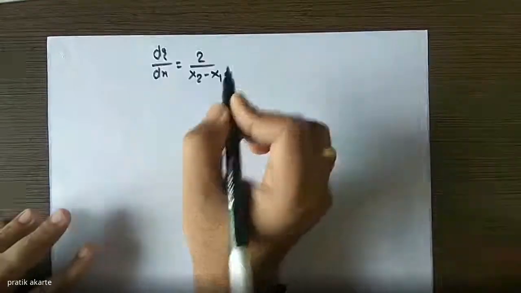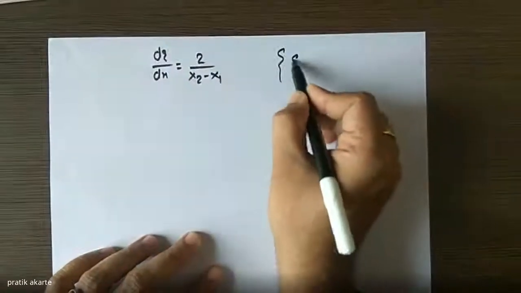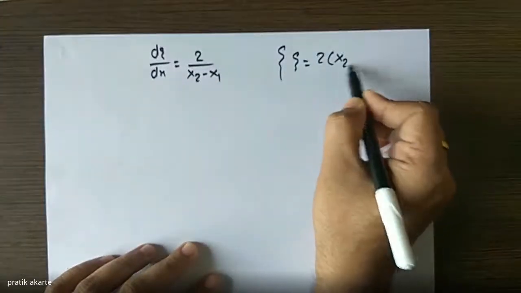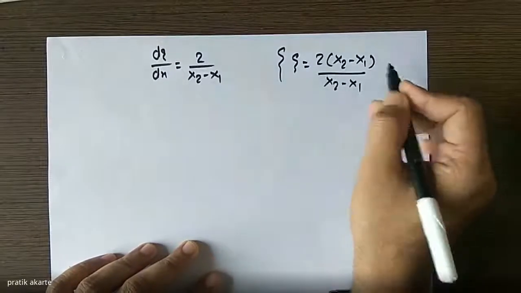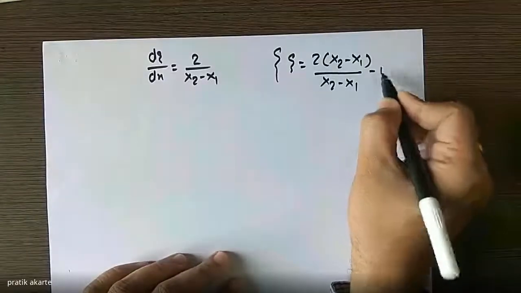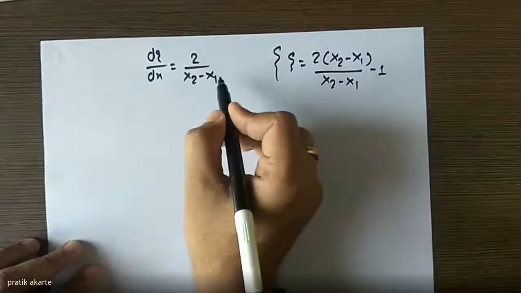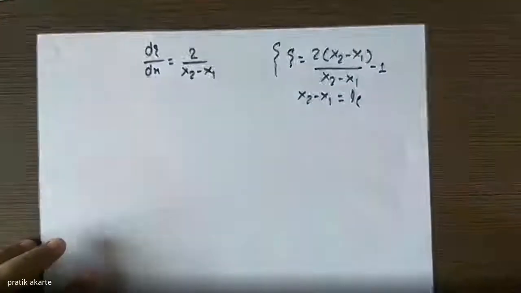We have already formulated d zeta by dx, since we know that zeta is equal to 2 into x minus x1 upon x2 minus x1, minus 1. After differentiating this with respect to x, we get this equation. We know that x2 minus x1 is equal to the length of the element, Le.